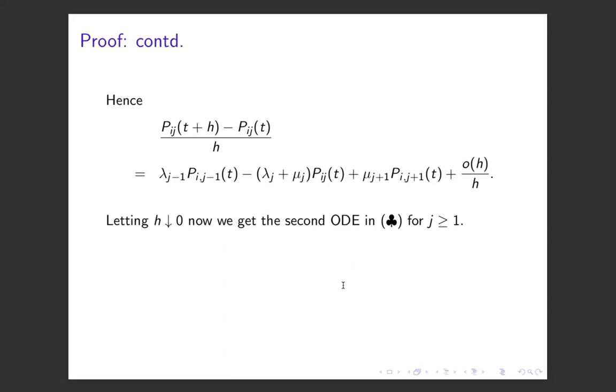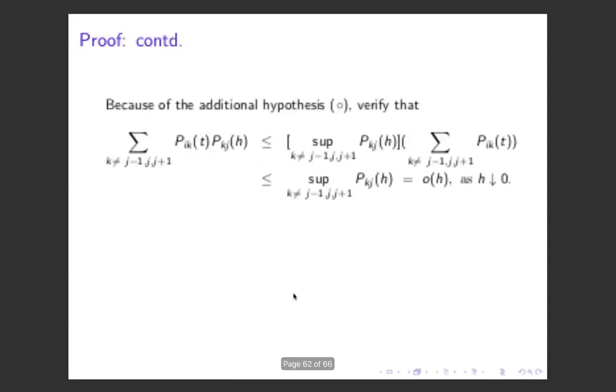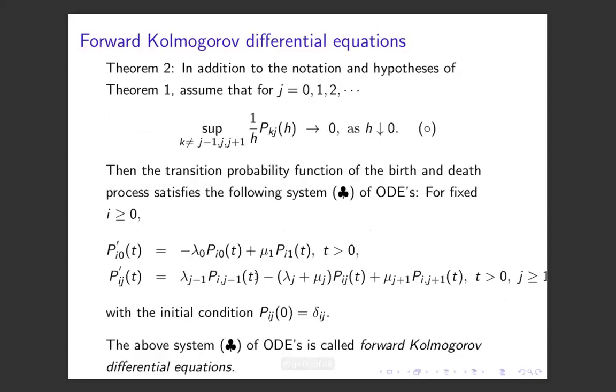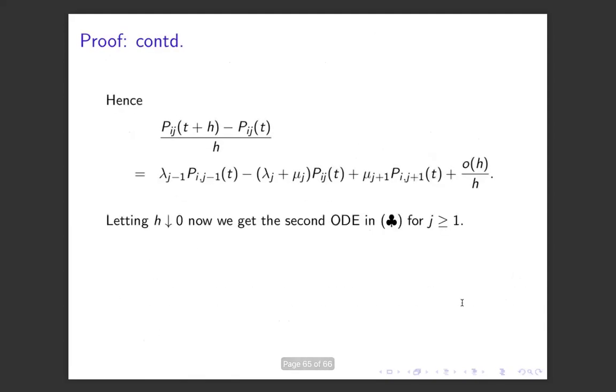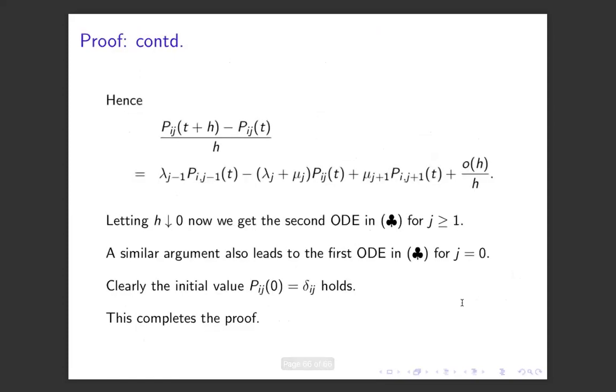If you let h go to 0 now, then you will get the second ODE in the Kolmogorov equation. That is the more laborious part. A similar argument will also give the equation when j equals 0.